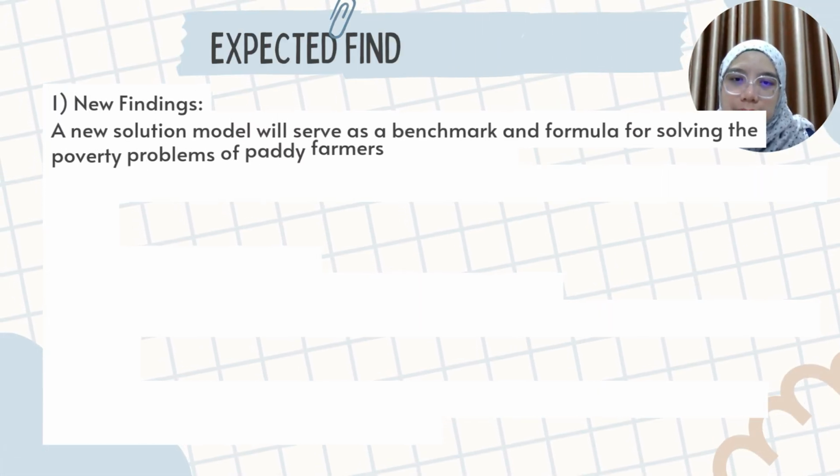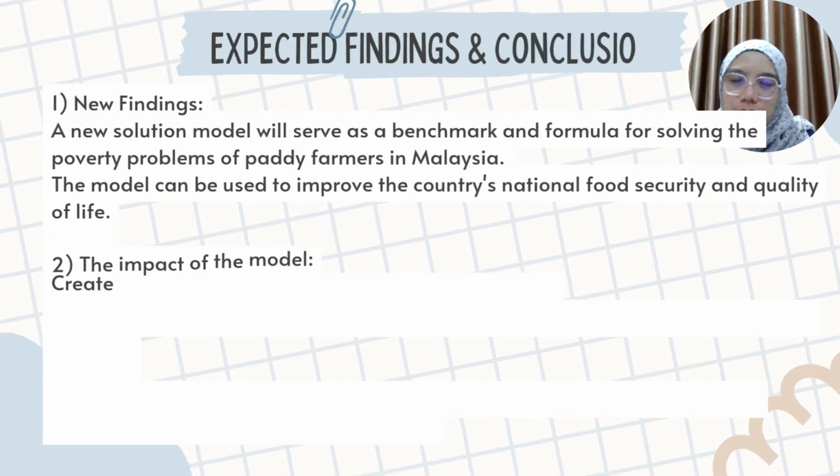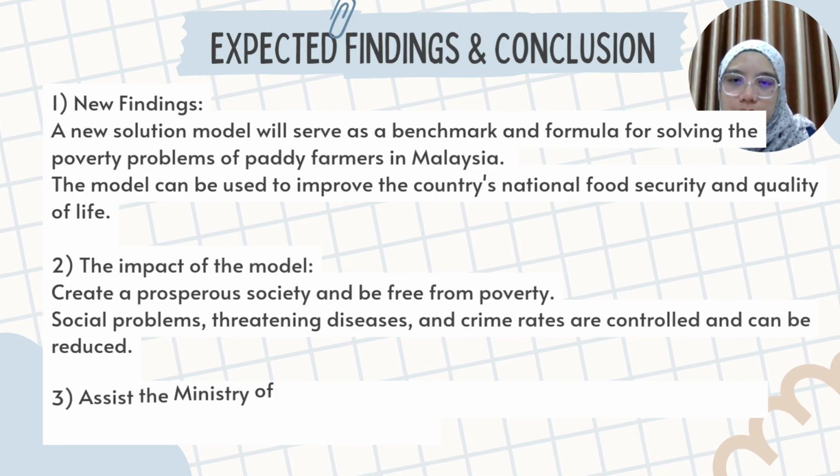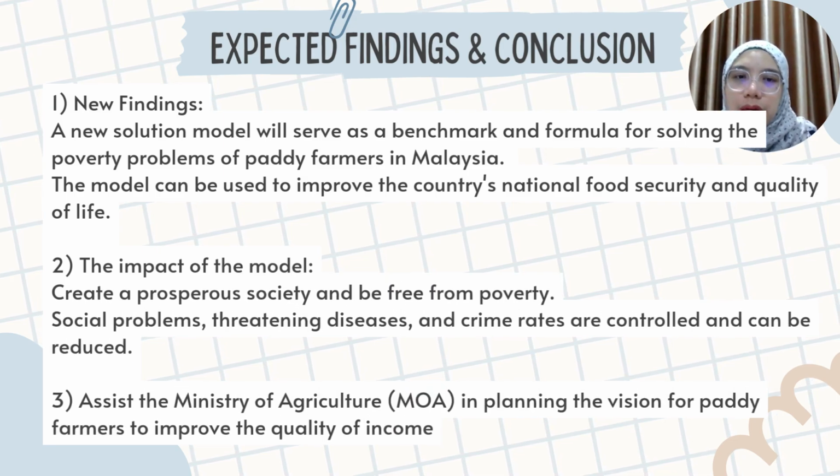So these are my expected findings and conclusion. A new solution model will serve as a benchmark and formula for solving the poverty problems of paddy farmers in Malaysia. The model can be used to improve the country's national food security and quality of life. The impact of the model can create a prosperous society free from poverty.